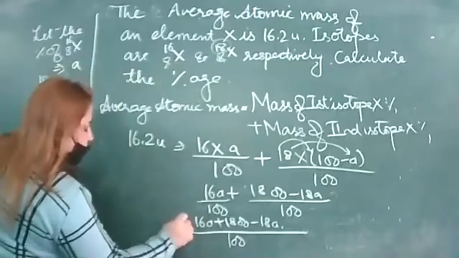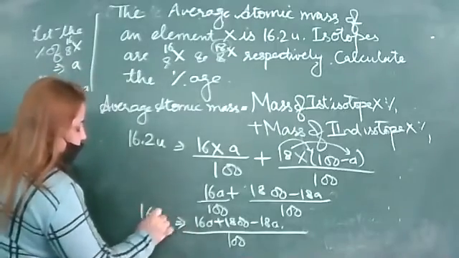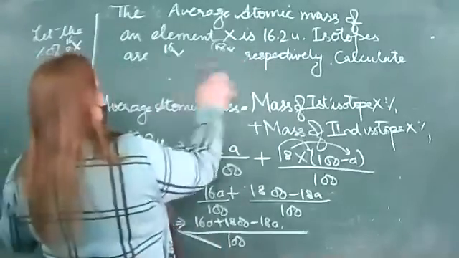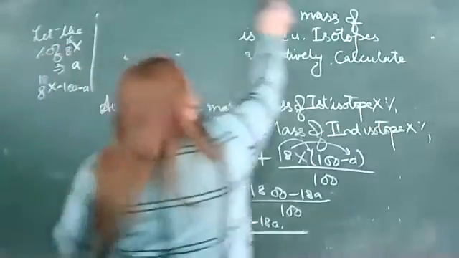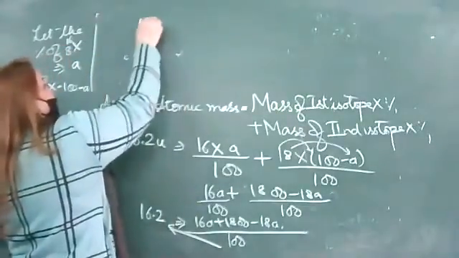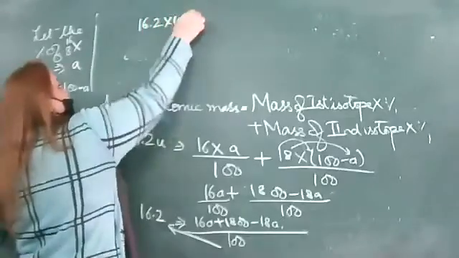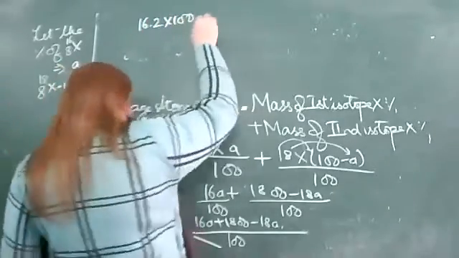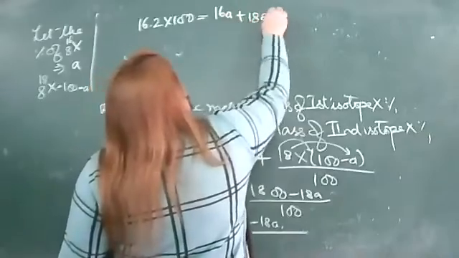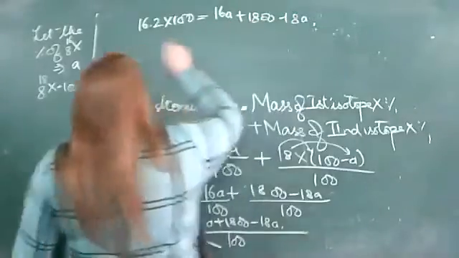Or you can do here 16.2, it will come over here. 16.2 multiplied by 100 equal to 16A plus 1800 minus 18A.